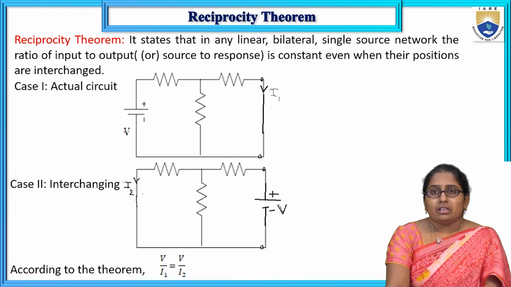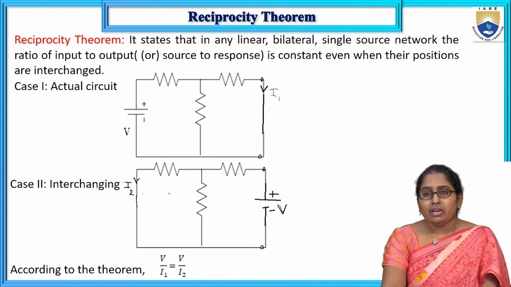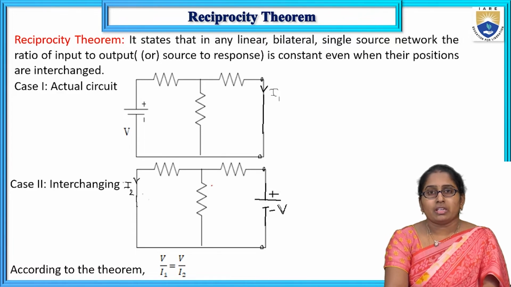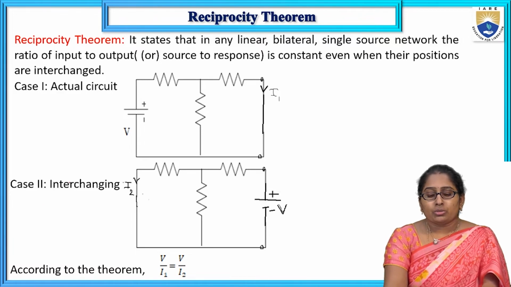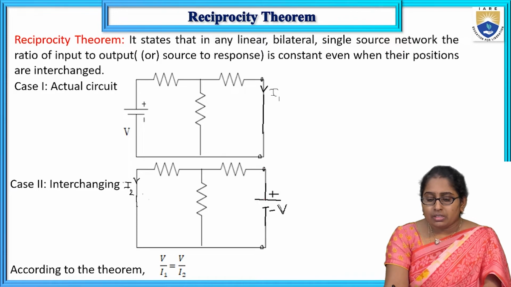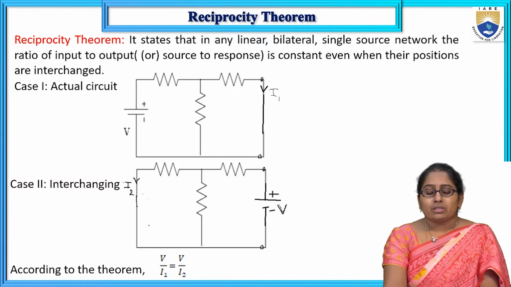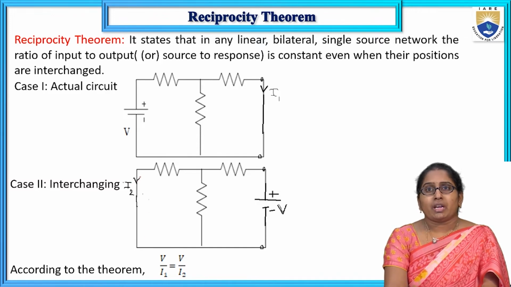Then if we interchange the positions of the input and output, let us say that is case 2. After interchanging, the input V is here and the response is collected in the input place. Let us say the response is I2.